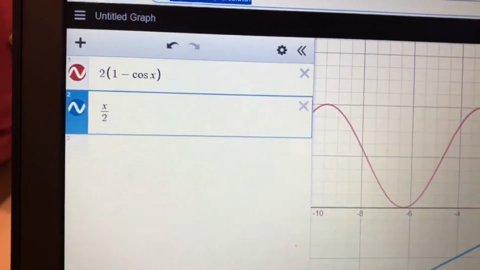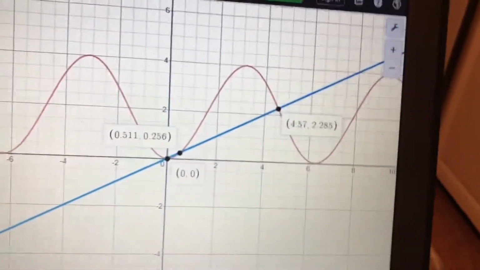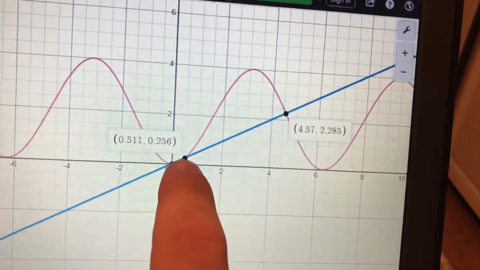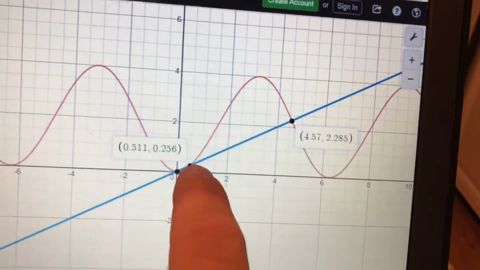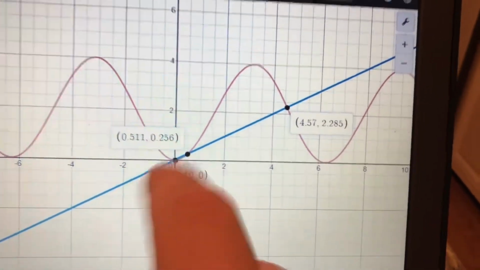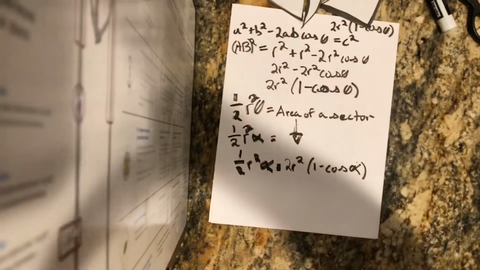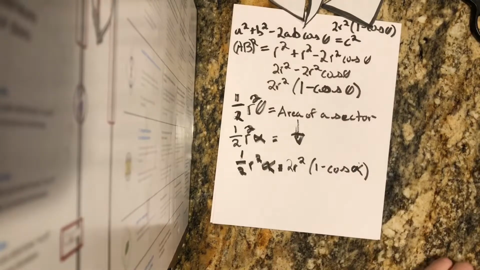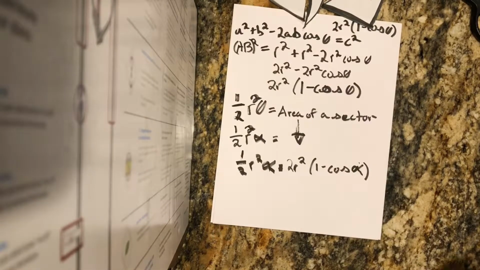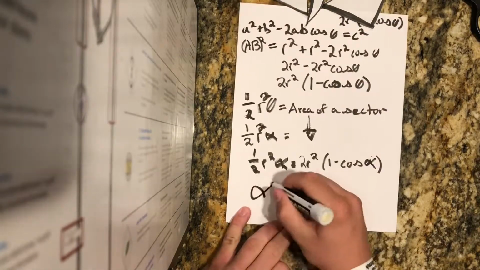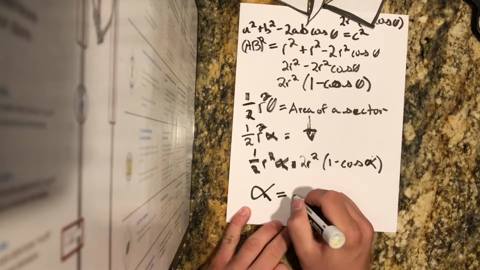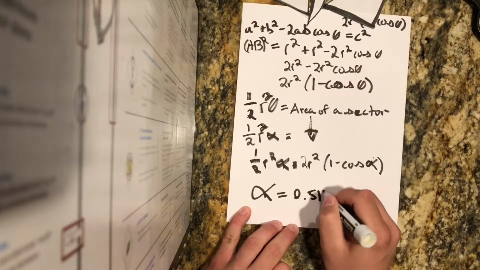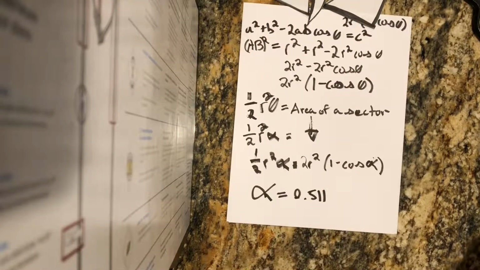And look here, I have the same thing you'd plug into your calculator, second calc trace, and you would realize that these intercepts are invalid, and it's only the middle one that's valid. So we would continue going, and we would be able to write that alpha is equal to 0.511, which is what we saw on the graph.